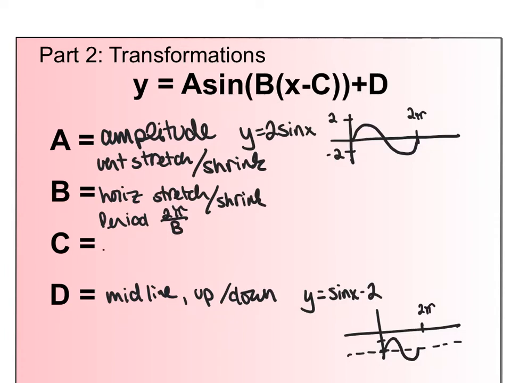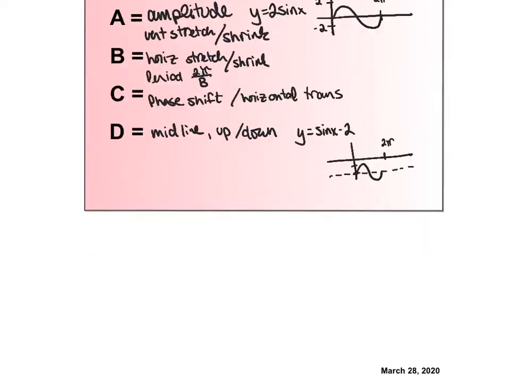And C is your phase shift. It's still your horizontal transformation, but it's got a new name. Okay, so let's put these into action.